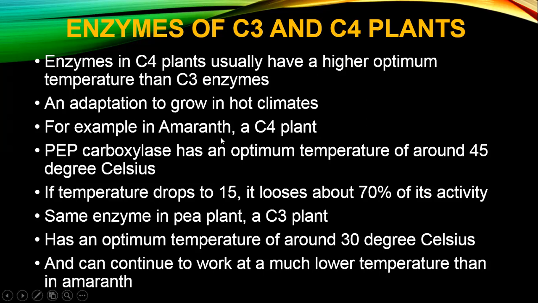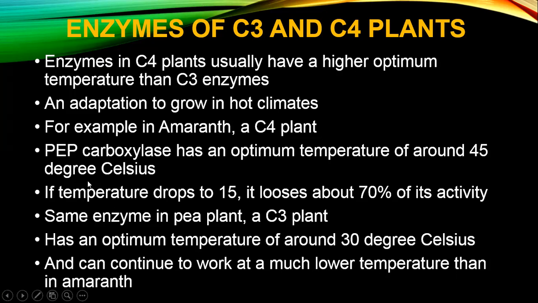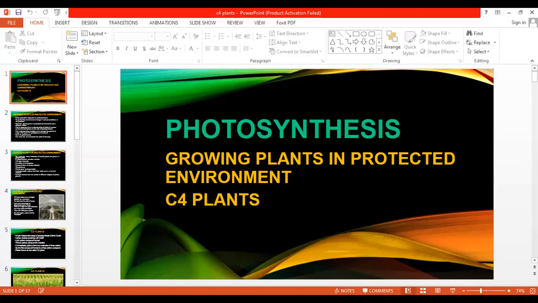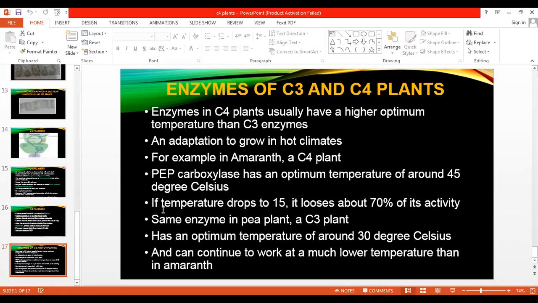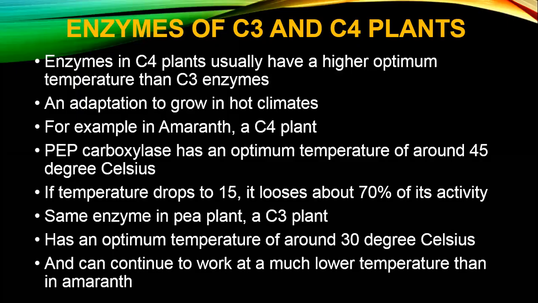For example, in amaranth, which is a C4 plant, phosphoenol pyruvate carboxylase has an optimum temperature of around 45 degrees Celsius, and if temperature drops to 15 degrees Celsius, this enzyme loses about 70% of its activity.